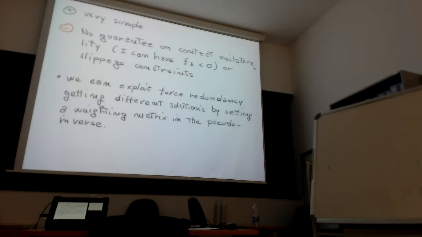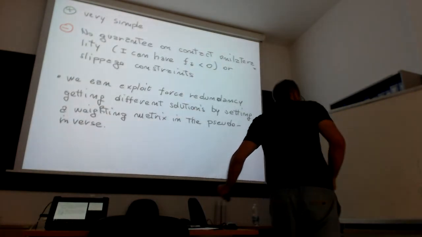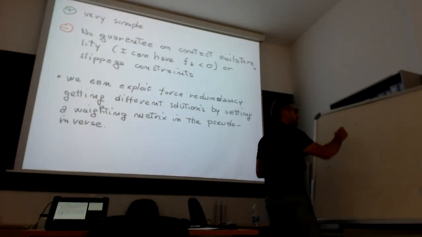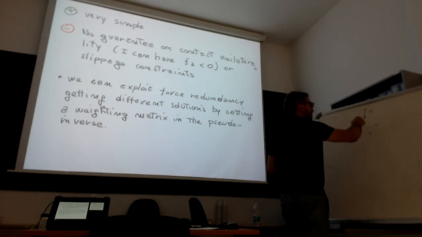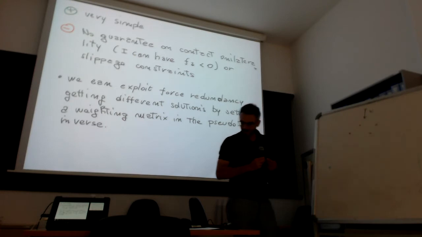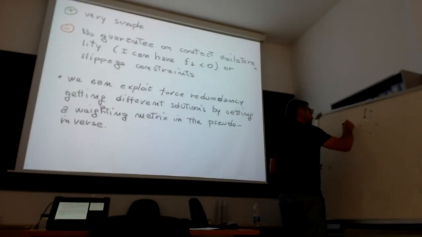You cannot even enforce friction constraints to avoid slippage, for example. In essence, what this controller does is find a mapping on the 4 feet. Let's say this is the wrench, which is like a gravity wrench, so no angular component, just a force, and you will find 4 forces that are like this.